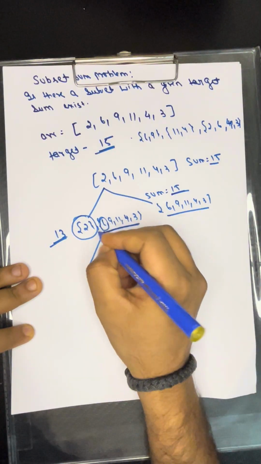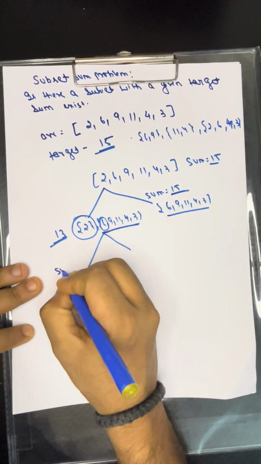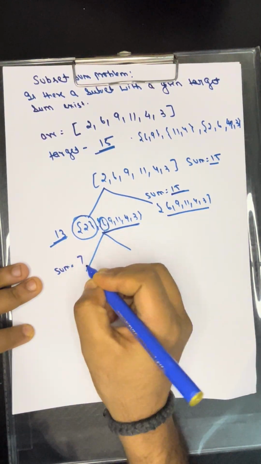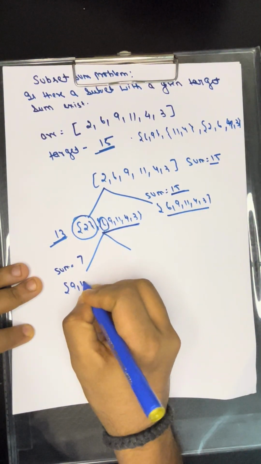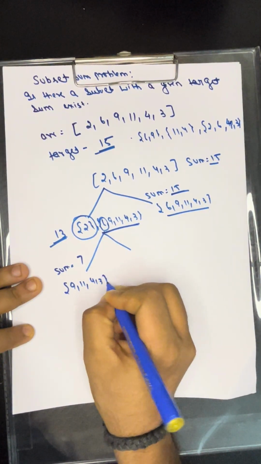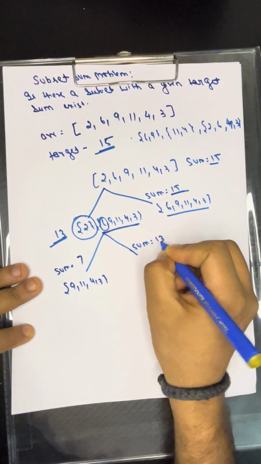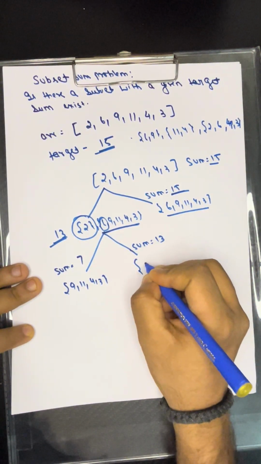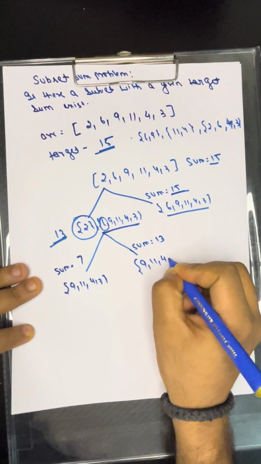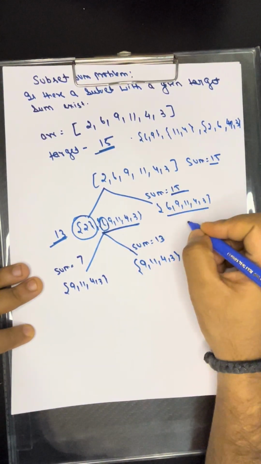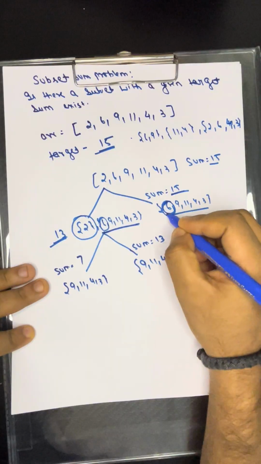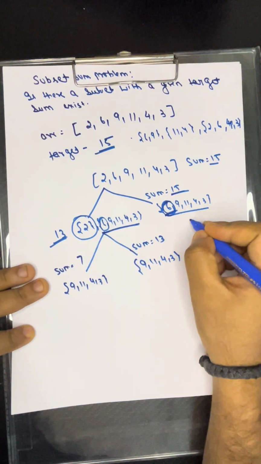If we take 6, then the sum is 13 minus 6, which is 7, and the elements left are 9 11 4 3. If we reject 6, then we have to find sum 13 and the elements left are 9 11 4 3.